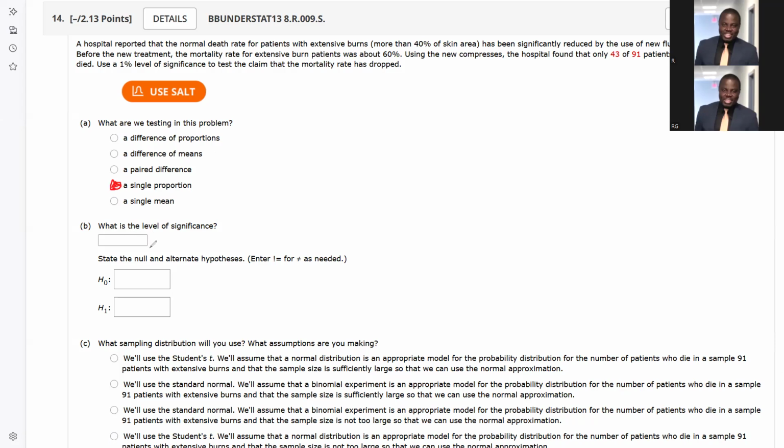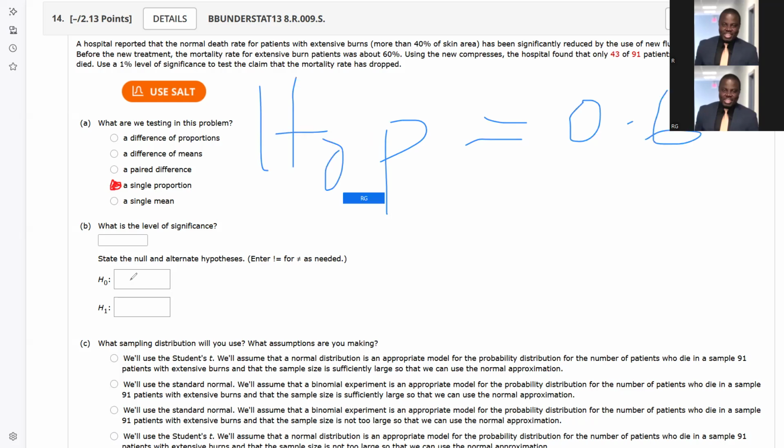And that we got that. And then we're going to go to the hypothesis, which is going to be, let me write that out here. So P equals 0.6, and this is for the null hypothesis.